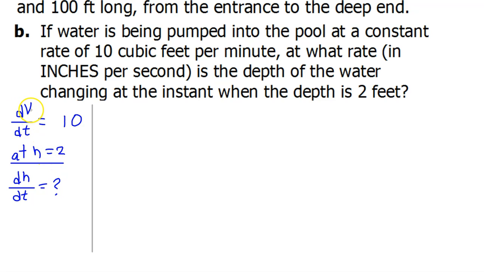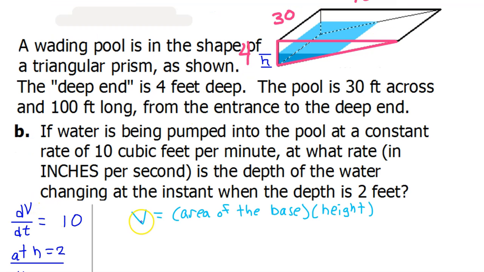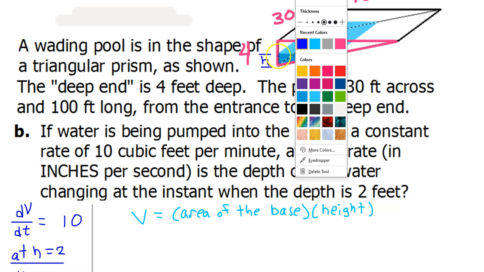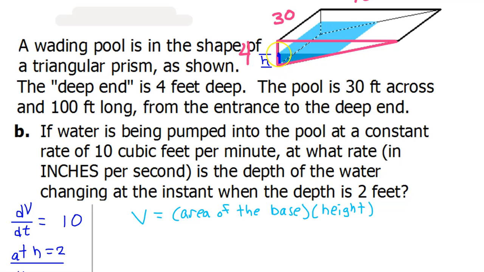We see that we have volume, so I think we need to set up a formula for volume. Be careful, the volume we are talking about is the volume of the water prism, not the entire pool. So the volume of a prism is the area of the base times the height. Remember, the area of the base is this triangle.